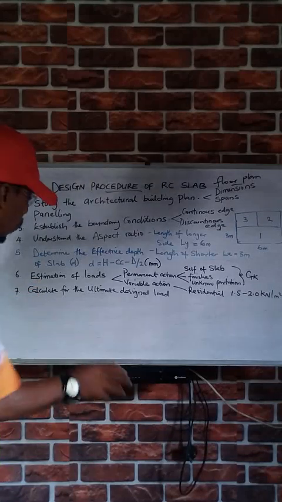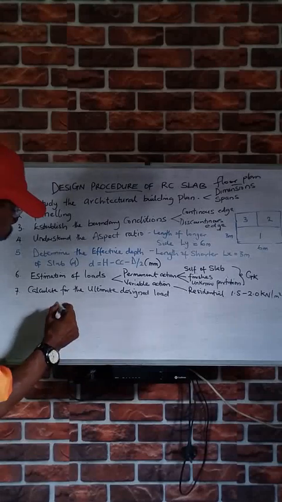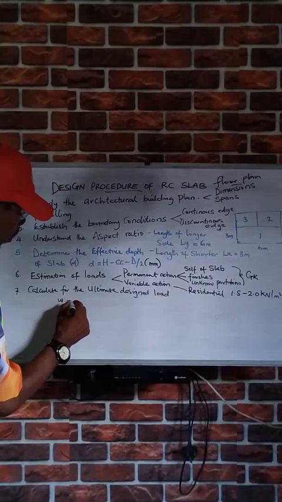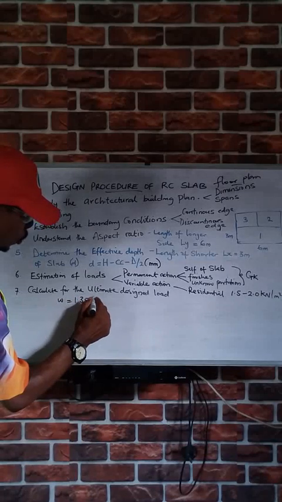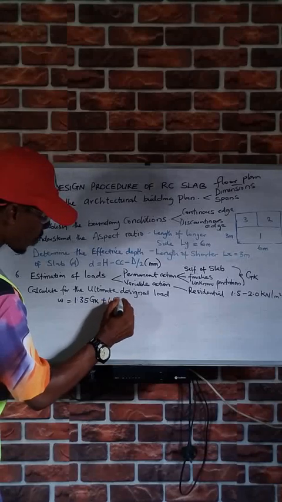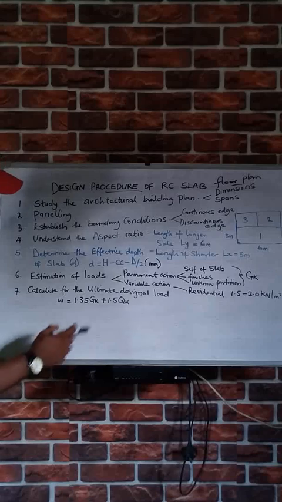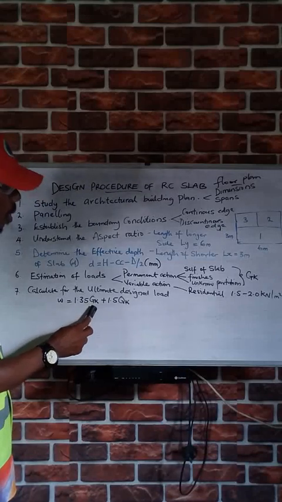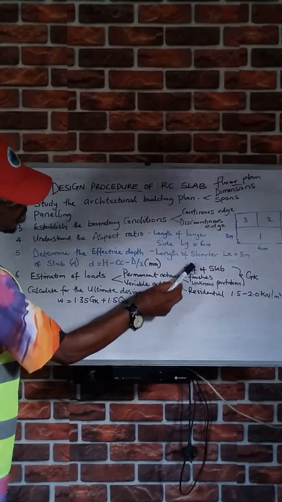Okay, so for you to calculate your design load according to Eurocode, we have it as W equal to 1.35 Gk plus 1.5 Qk. All right, and I have told you previously that your Gk is your dead load, the summation of this.